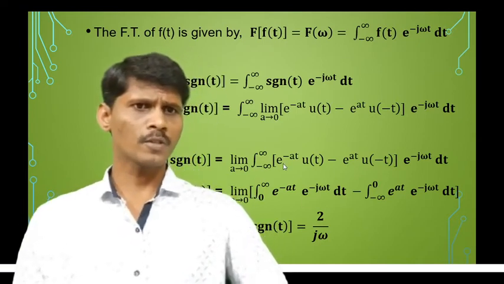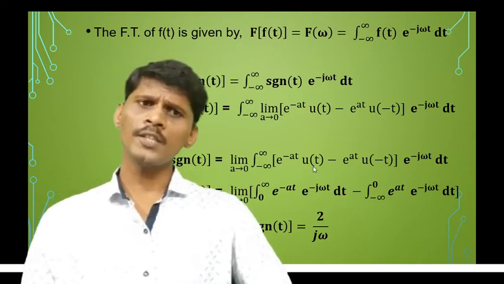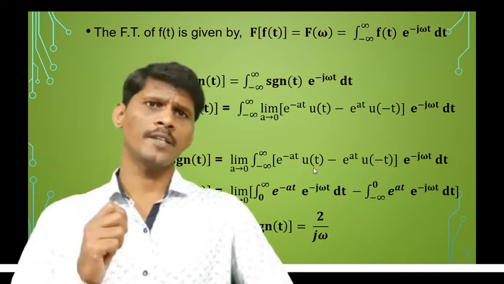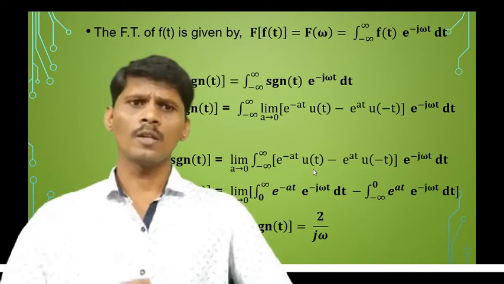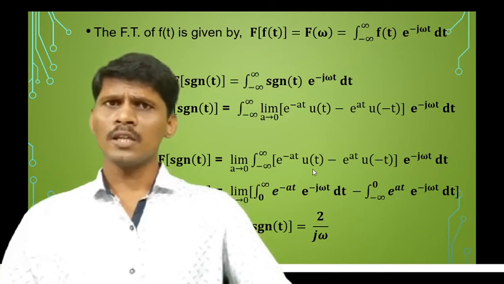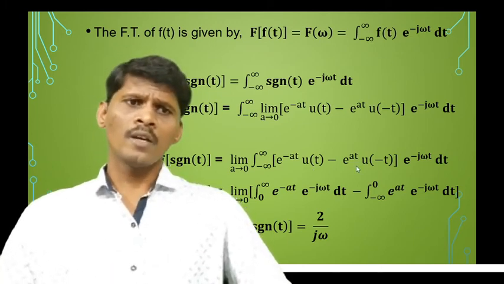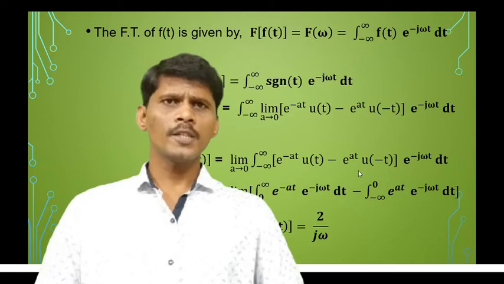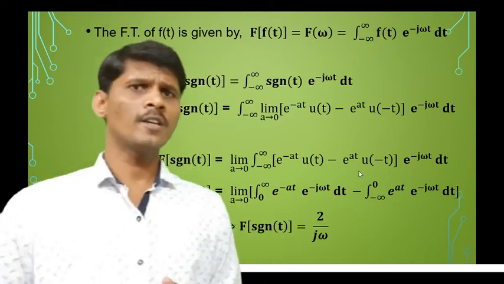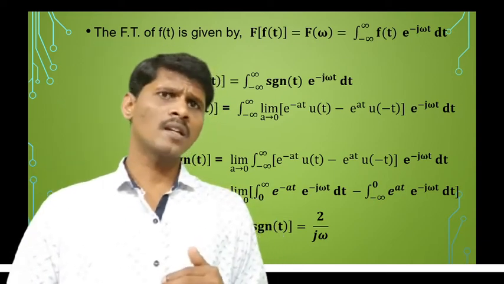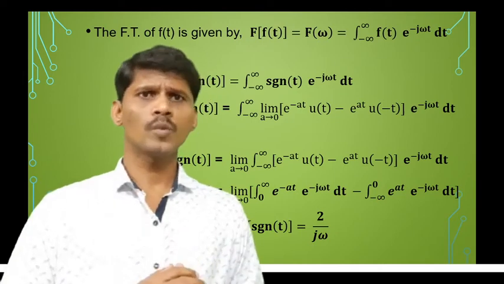And the first term, e power minus at u of t, is already calculated. What is its value? 1 by a plus j omega. And what is the Fourier transform of e power at u of minus t? 1 by a minus j omega. That is already calculated in the starting classes of the Fourier transform.